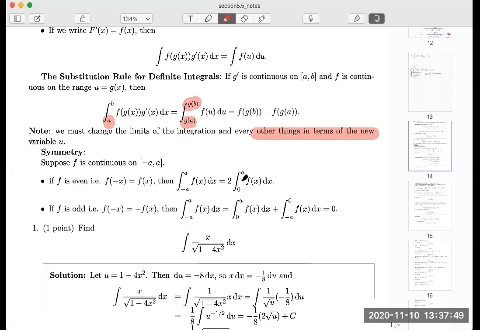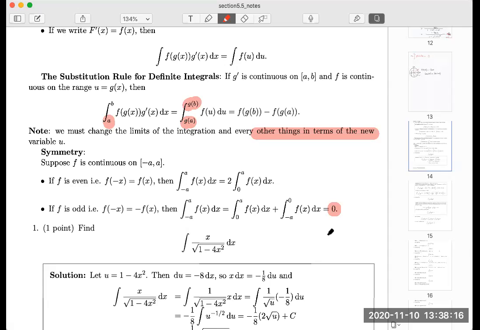Or if it is an odd function, then the area above the x-axis and below the x-axis will be the same and they cancel each other. So the net change is simply 0. This is very convenient for us if we are given an odd function which is very complicated, and we use this property quickly. Okay?